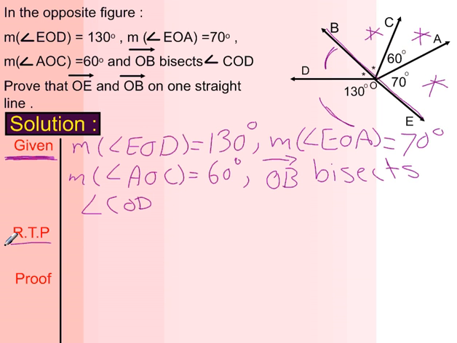Required to prove: what we need to prove is that ray OE and ray OB are on one straight line.